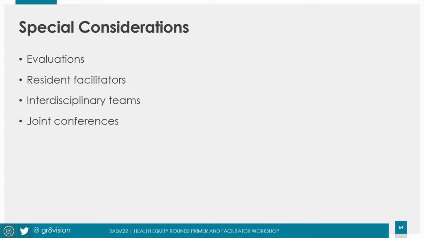Certainly incorporating some sort of evaluation into the sessions will help you get feedback from the perspective of improving your sessions. And like I first talked about, we decided to do something called appreciative inquiry, which is a little bit more comment-based and not just a, yes, now I feel more comfortable talking about things.